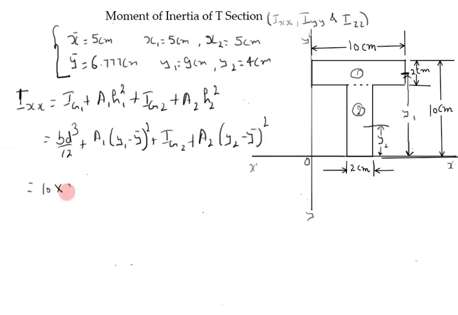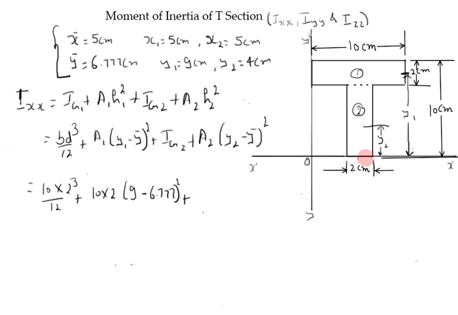This is 10 into 2 cube by 12 plus 10 into 2 into y1, 9 minus y bar, 6.777 square, plus Ig2, which is bd cube by 12.